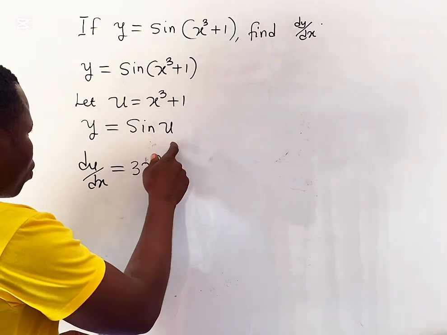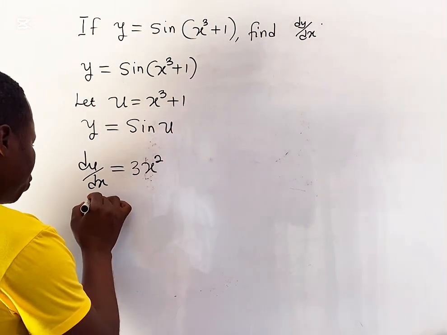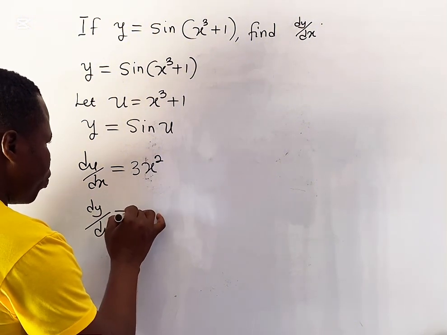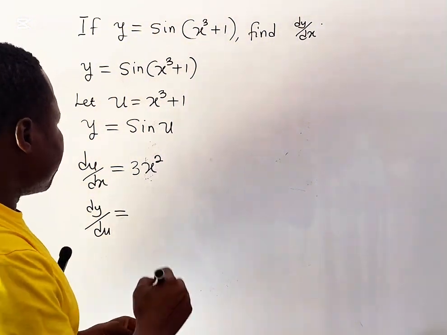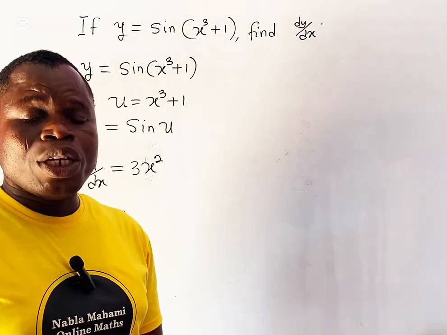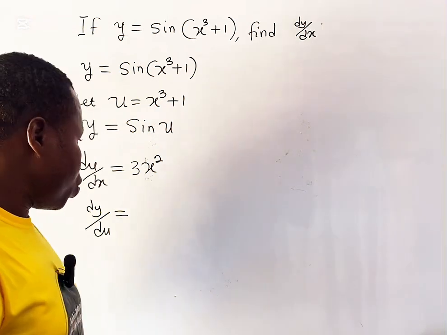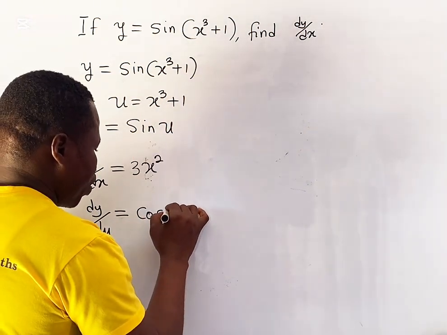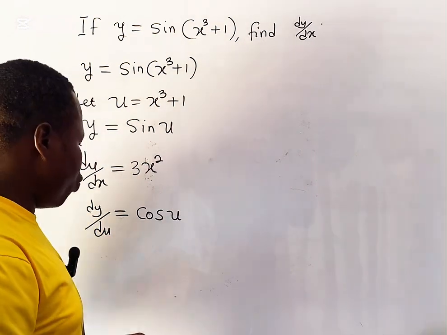Then this one, we differentiate with respect to u. So dy du will be equal to, this is sine, and when you are differentiating sine, it will give you cos. So that means that the differential of sine here will give me cos, and I'll attach my u.